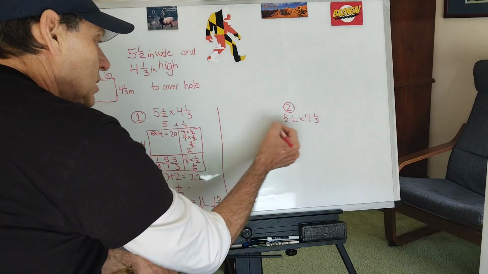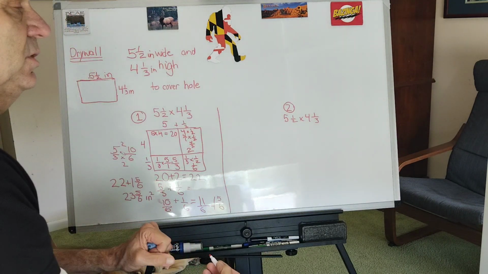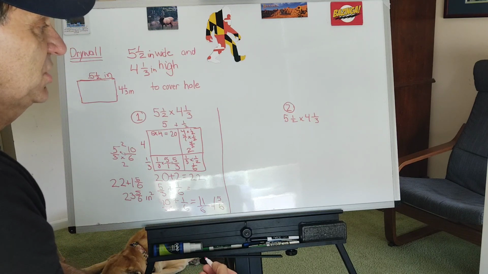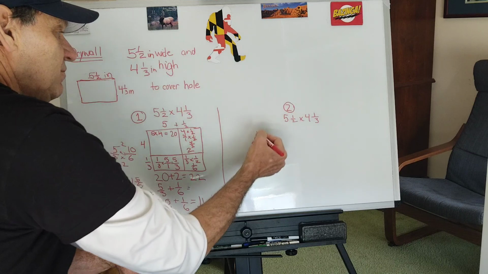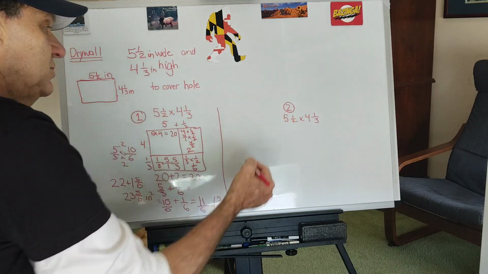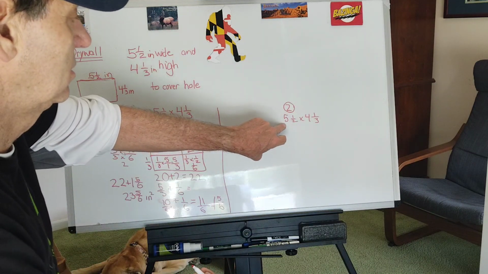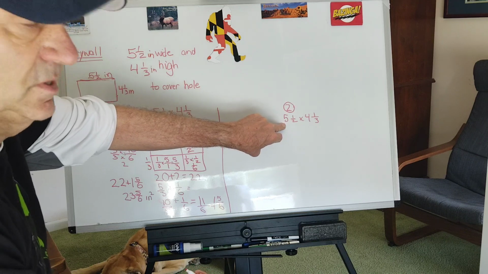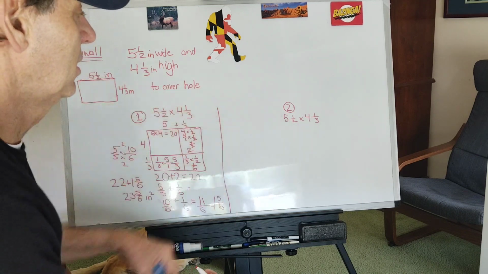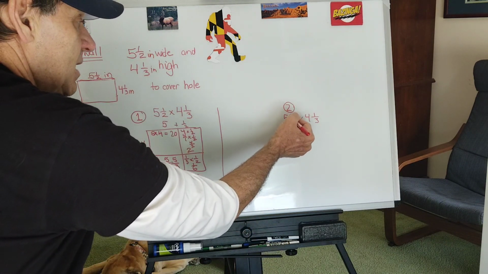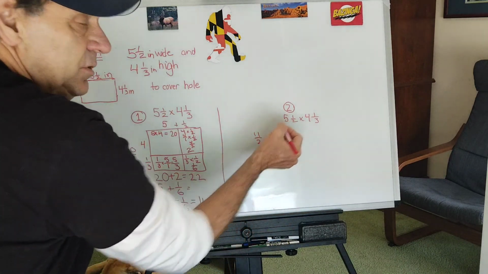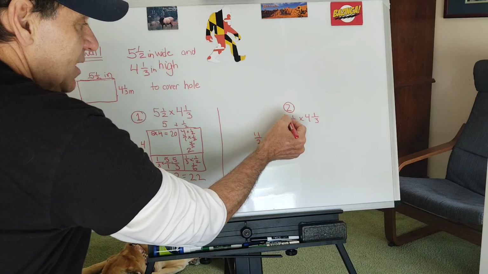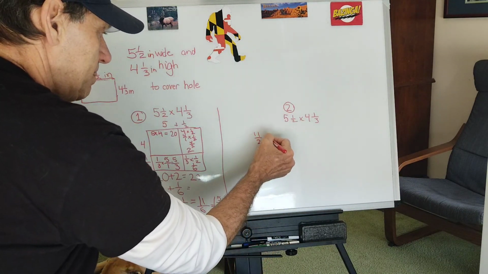A second way would be, as we showed in other examples, change both of these into improper fractions. So 5 and 1/2 is the same as 11 halves. 2 times 5 is 10 plus 1 is 11.